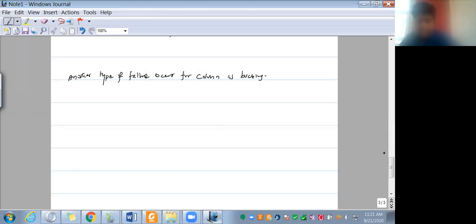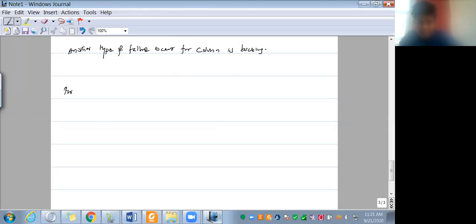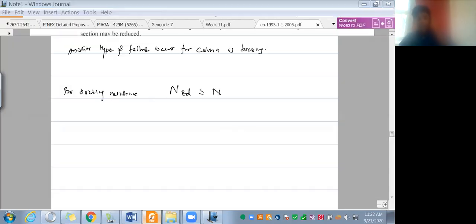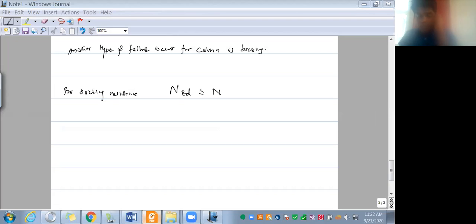So for buckling resistance, NED should be less than or equal to NBRD.